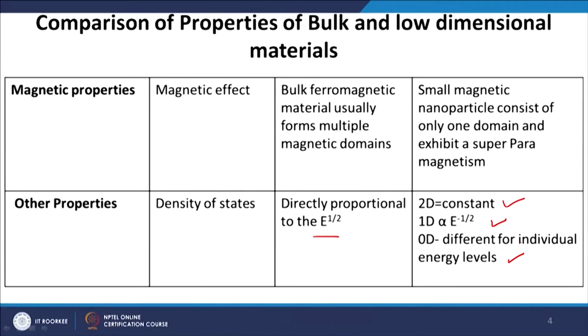Now, since the density of states is different for different dimensions, if we multiply with the Fermi-Dirac distribution function to get the number of electrons or holes in this system, it will be different from 2D to 1D to 0D for the same material system.